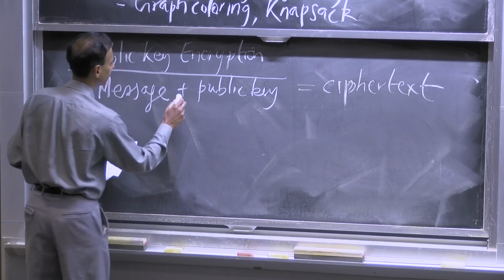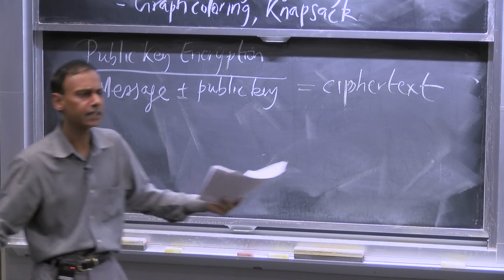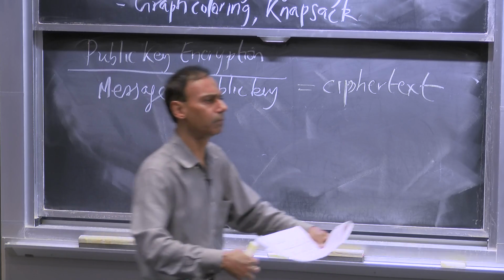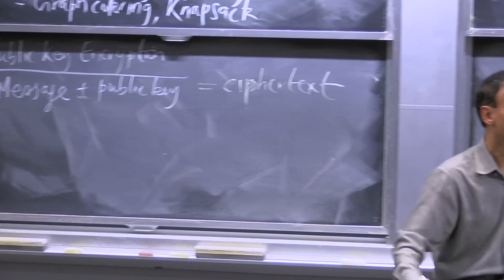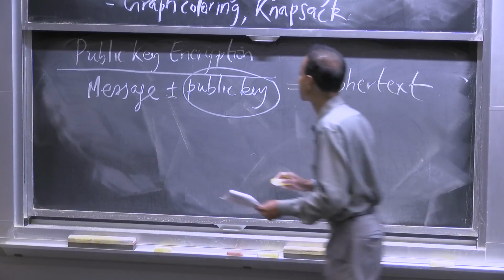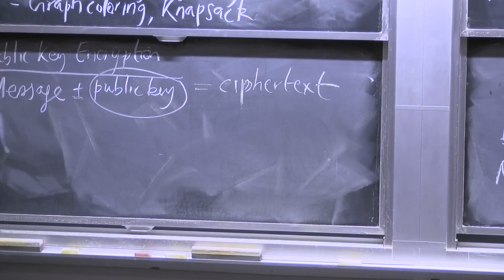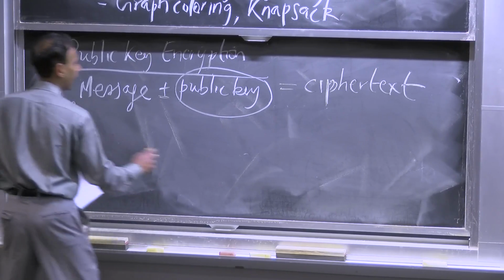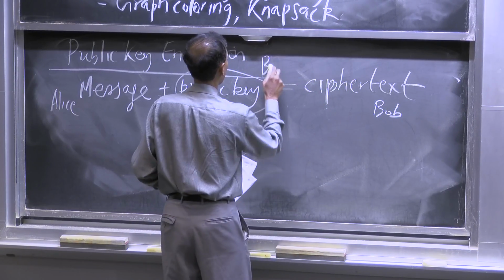This plus is not arithmetic addition. It's just that we are putting these two things together into a public key encryption algorithm that produces ciphertext. And this public key, if Alice is producing the message and Bob is getting the ciphertext, is going to be Bob's public key.